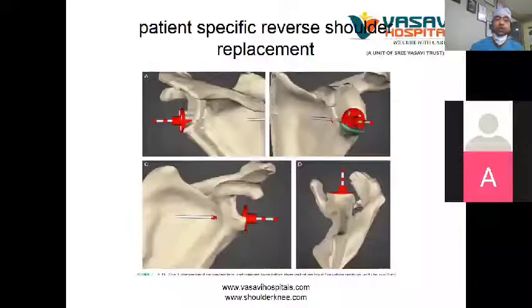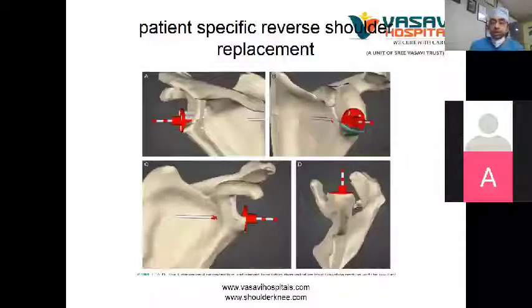So what we started doing is planning it pre-operatively. This is a computer image where I can plan where to place my glenosphere, where to insert my pegs, where the axis of the glenoid is, how much inclination to give, how much retroversion to give.